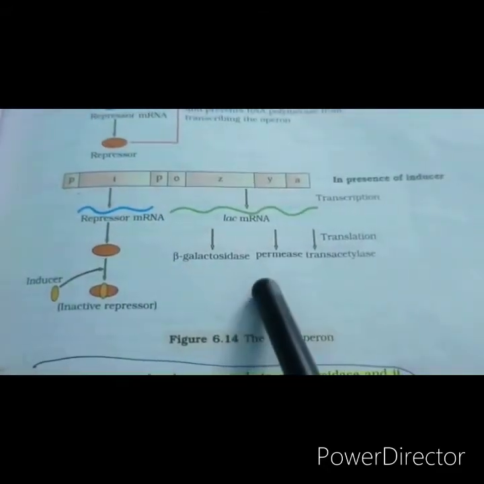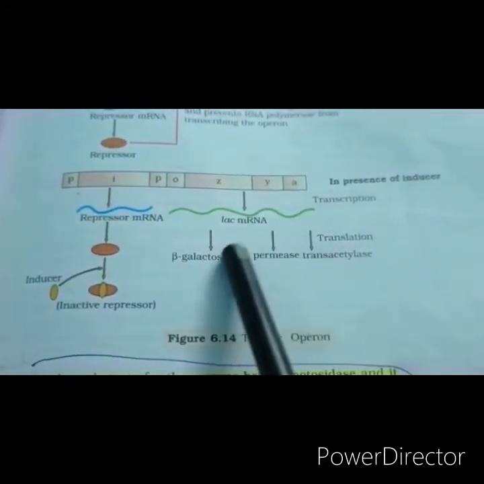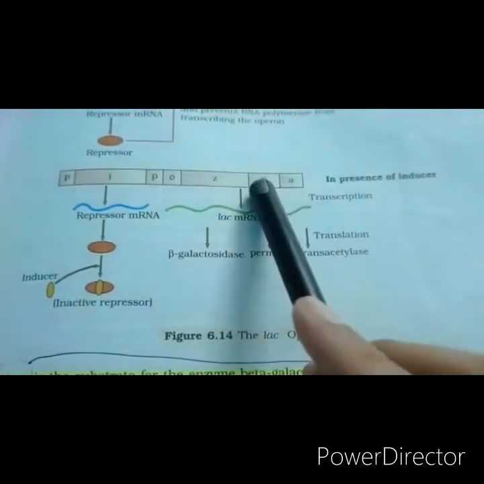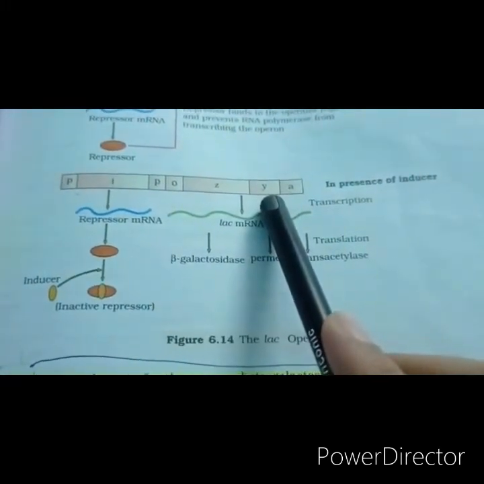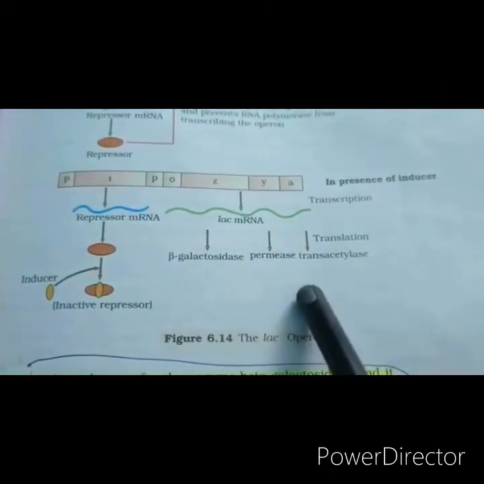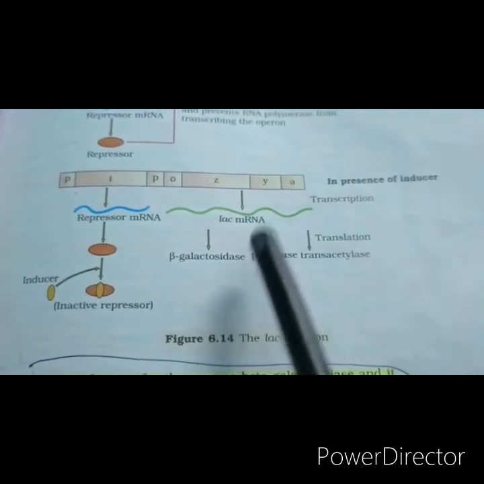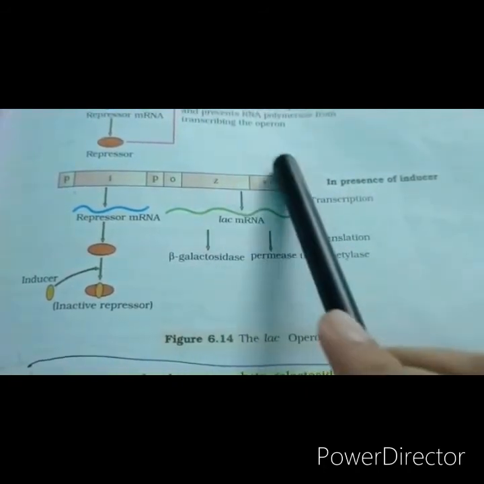As we know, our permease is generally transcribed and translated by the gene Y. So here a question arises: how can permease be present earlier in this cell, before the transcription and translation of the Y gene?